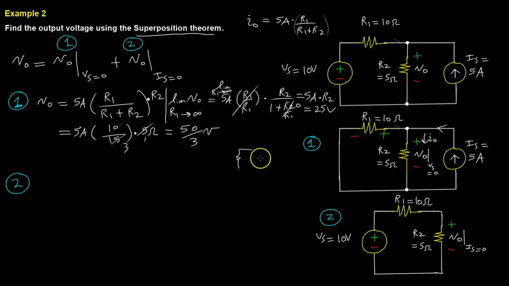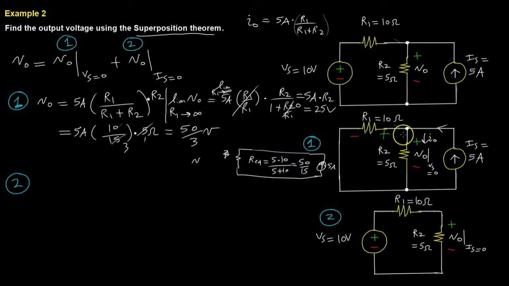So R equivalent is equal to 5 times 10 over 5 plus 10, so that's 50 over 15. And then you could have all the 5 amps flow through this one equivalent resistor.